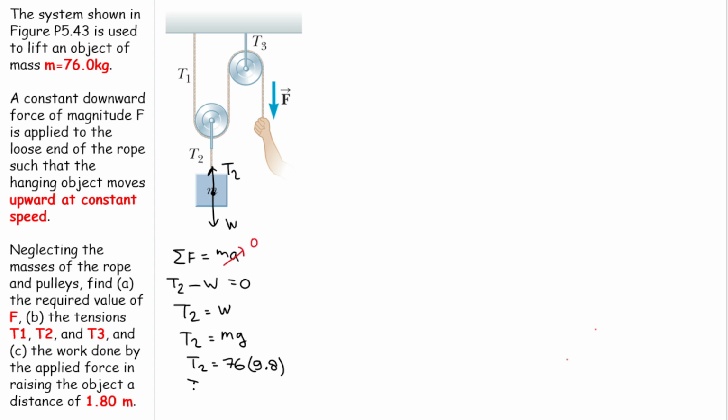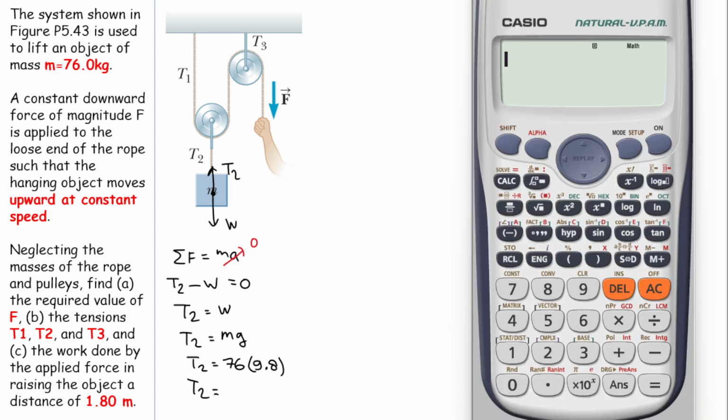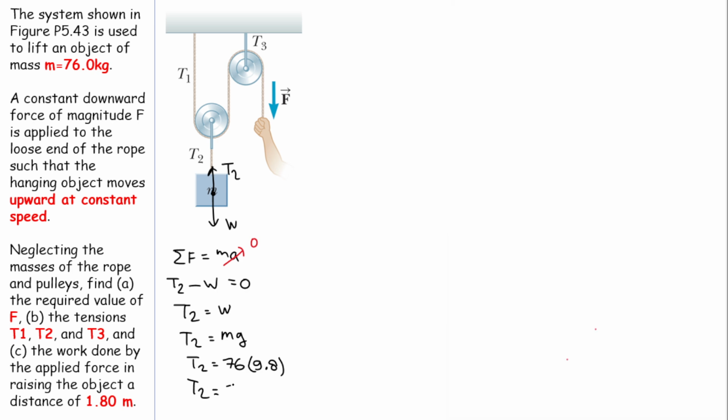Plug that into the calculator, 76 times 9.8, and that will be 744.8, and the unit here will be Newtons. So this is one of the parameters asked by the question.